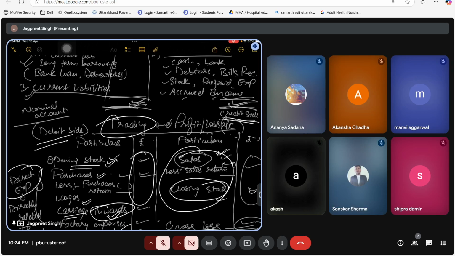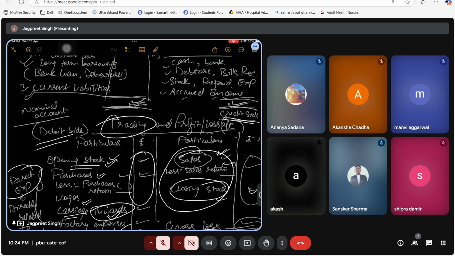So there are more things about financial statements. There are some theoretical concepts which we need to discuss, because you have those topics in the syllabus also. So before going to the other part, I will discuss a few points about the theoretical concepts of these financial statements, and then I will give you a practical problem.